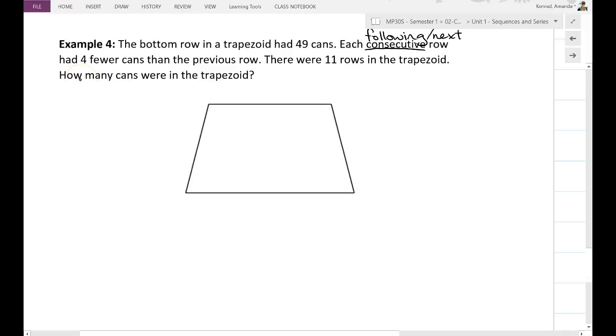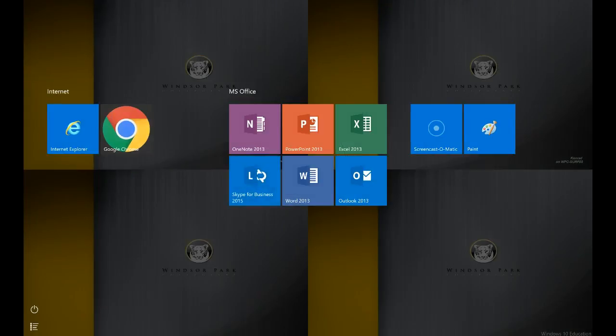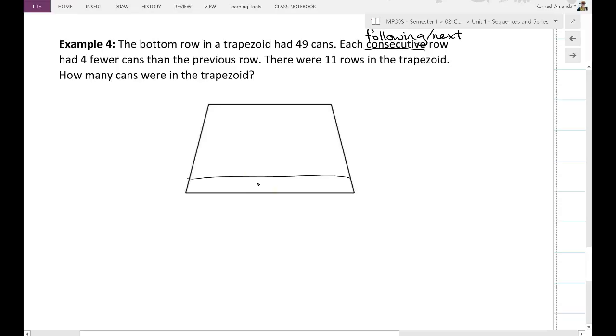So we've got 11 rows, and we know the first one is 49 cans. The next row has 4 less. So what's that going to be? 45.